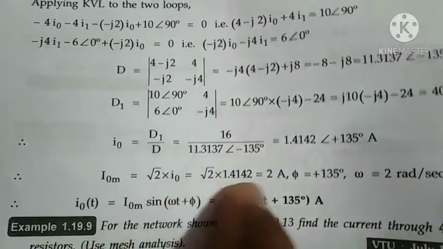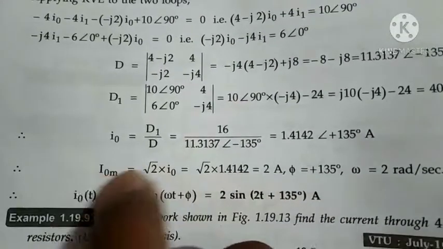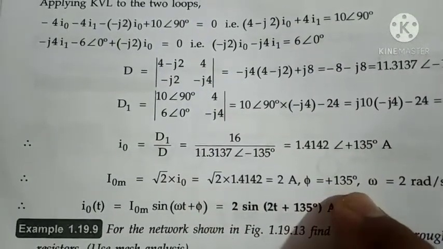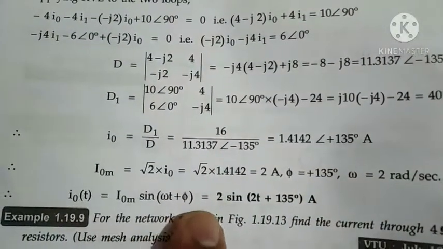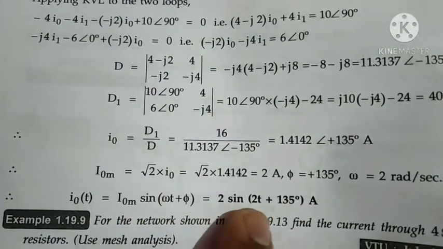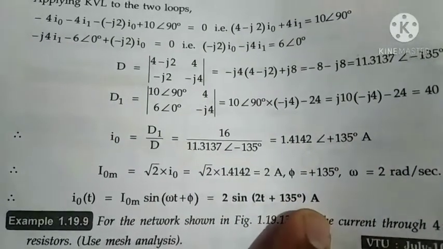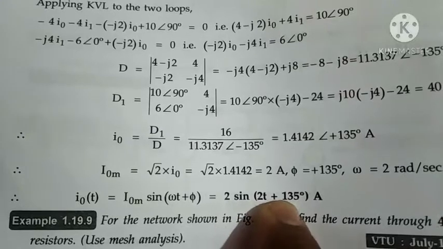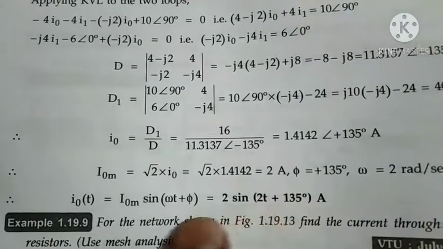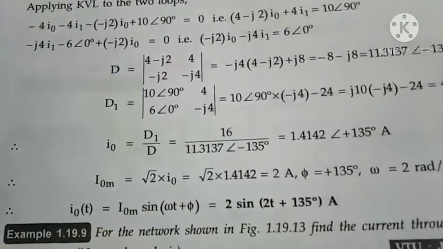After simplifying we get the value of IM, and the phase they have given is 135 degree. So this can be written as 2 sin (2t plus 135 degree), which is the final answer of the given.